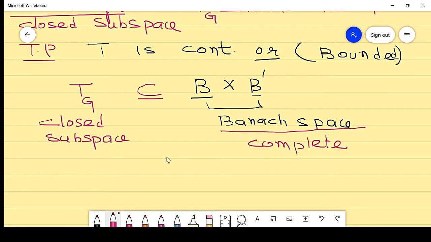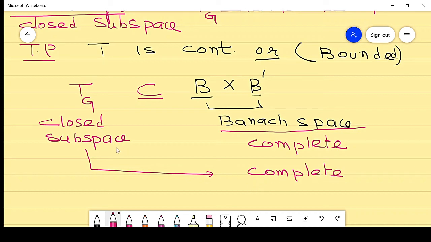Now remember a result: a closed subspace of a complete metric space is complete. So I repeat, a closed subspace of a complete metric space is complete. So this will be complete.